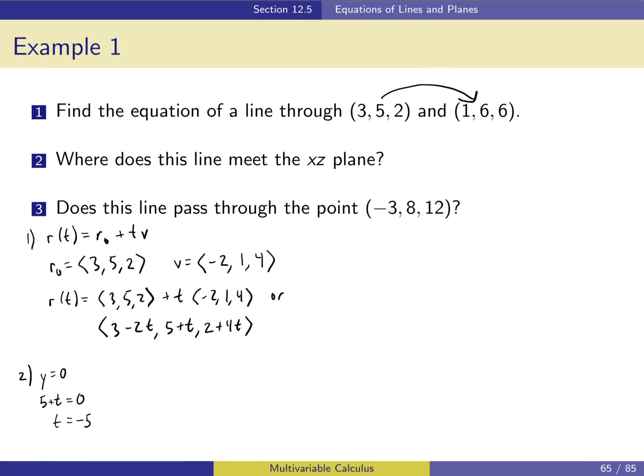So when we plug these in here and here, we get x equals 3 plus 10 is 13. We get z equals 2 minus 20 is -18. And so the coordinates of this point are 13, 0, and -18.